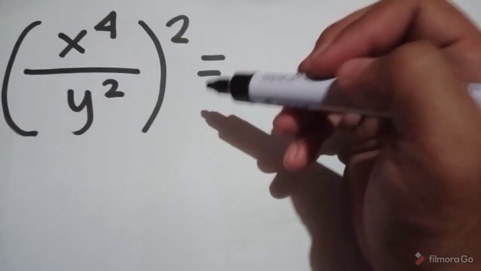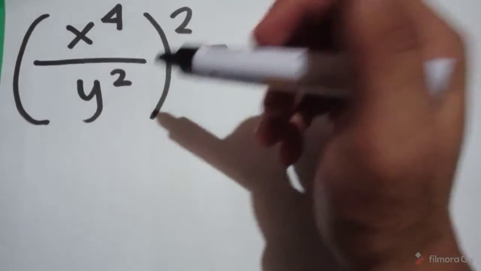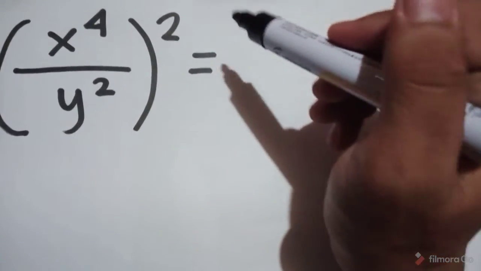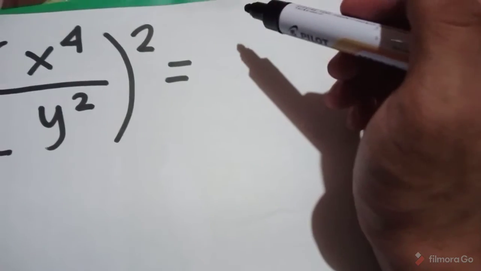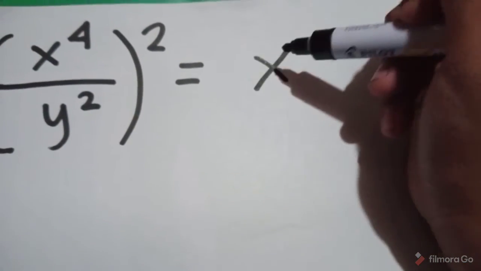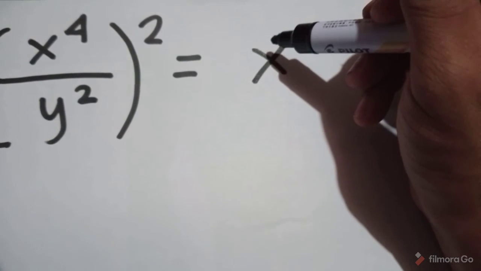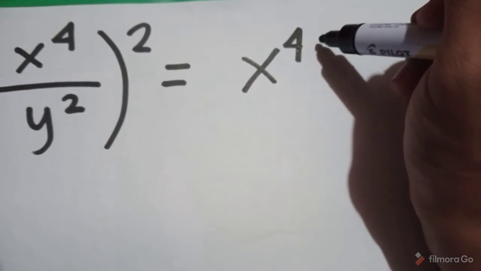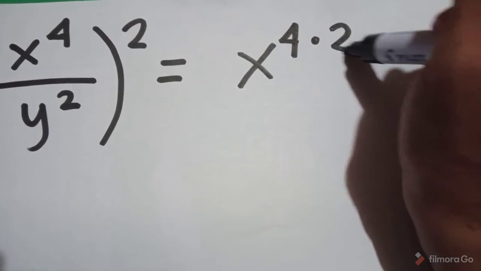Okay, let's apply rule number 7 to this equation. As you can see, the quotient of x to the 4 and y squared is raised to 2. What we will do is copy the factor of the numerator and multiply its exponent to the outer exponent.